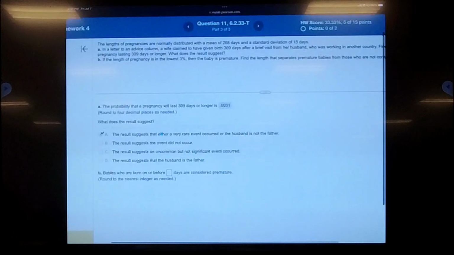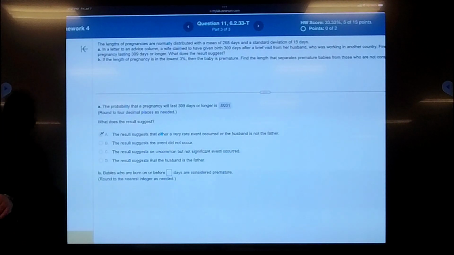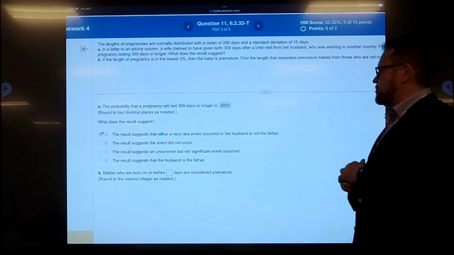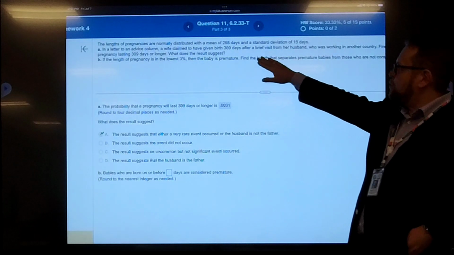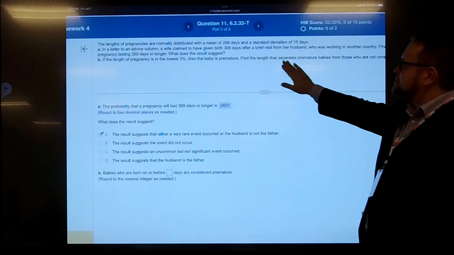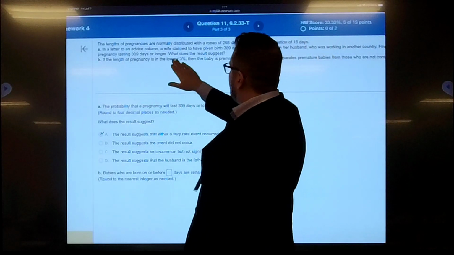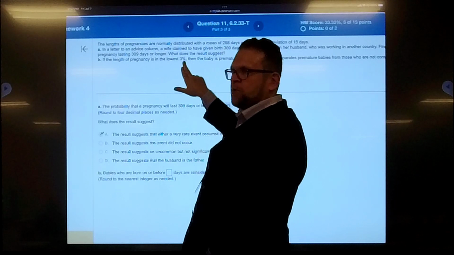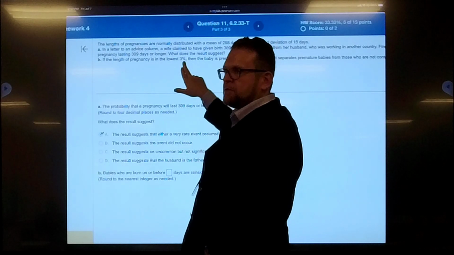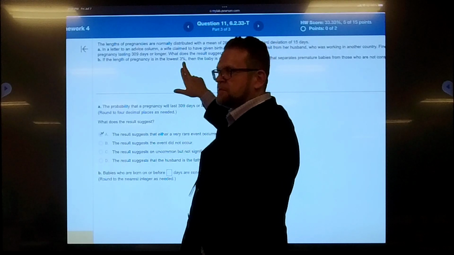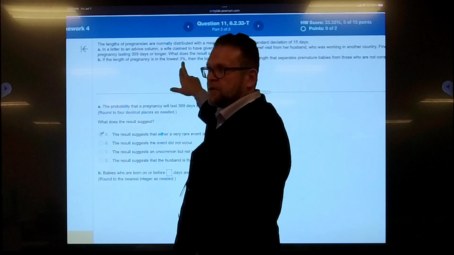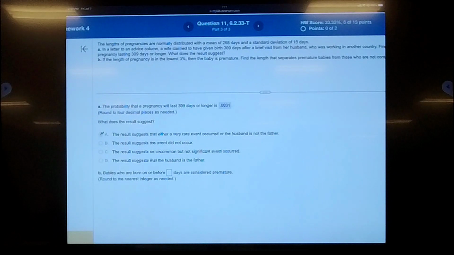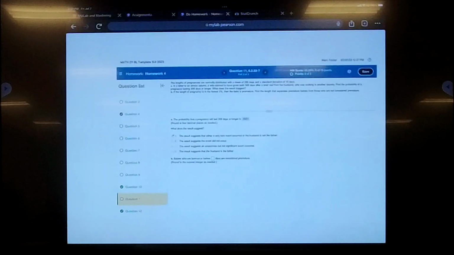So, babies who are born on or before what date or how many days into the pregnancy are considered premature? Well, I need to look up what they defined premature to be. They said, if the length of the pregnancy is in the lowest 3%, then that's what we'll call premature. So, I should make my curve have 3% of the area on the low side.